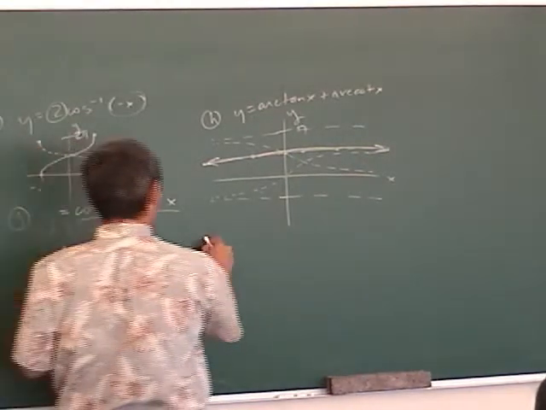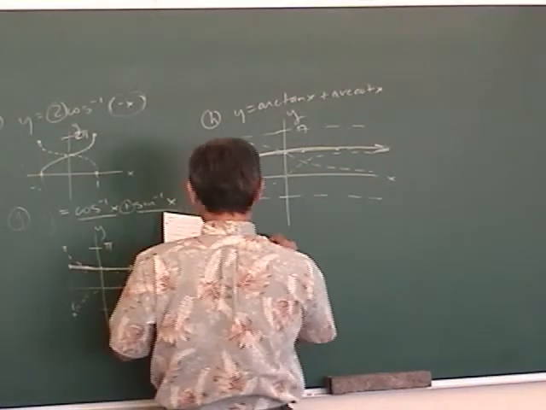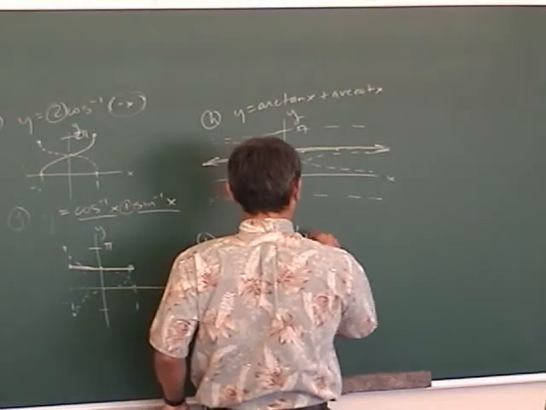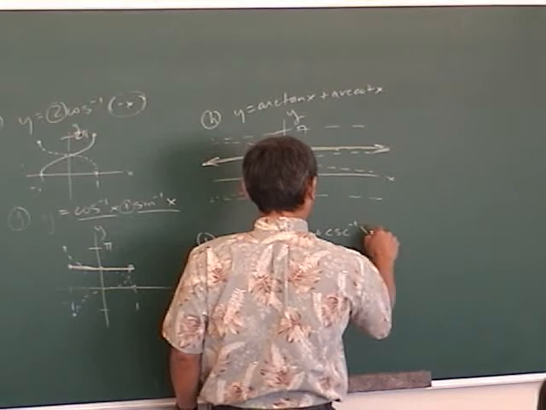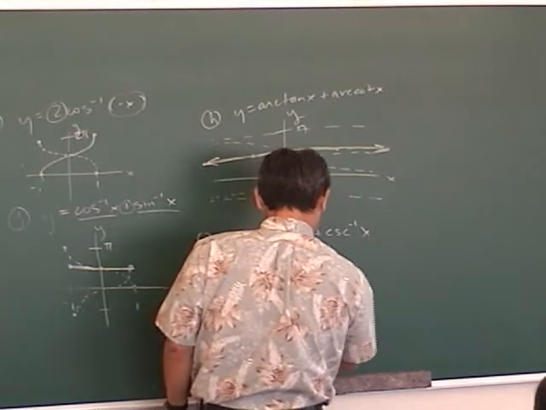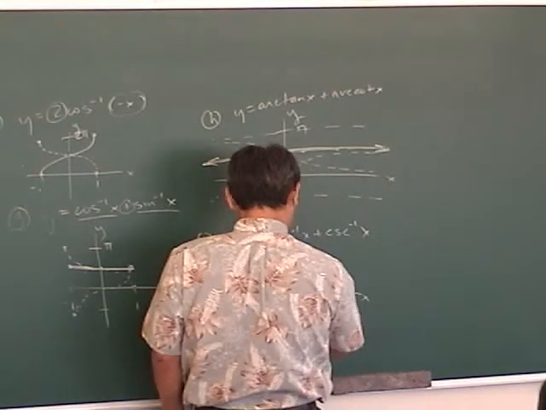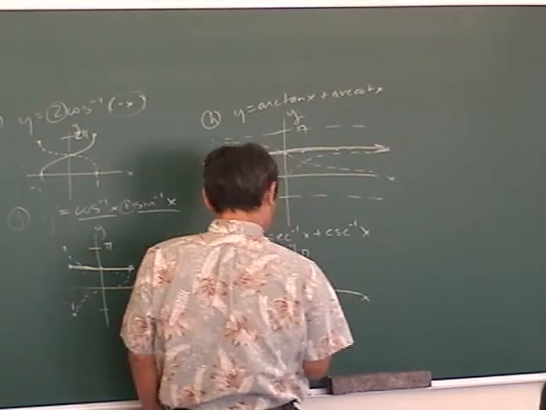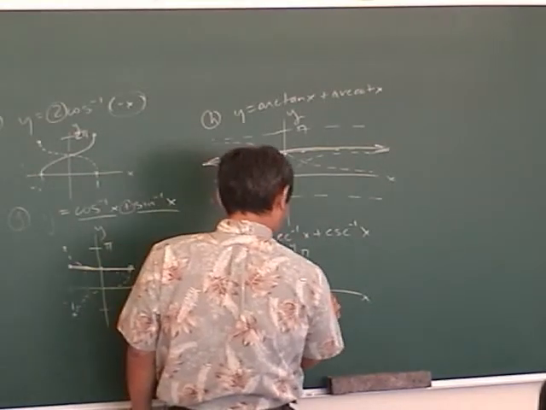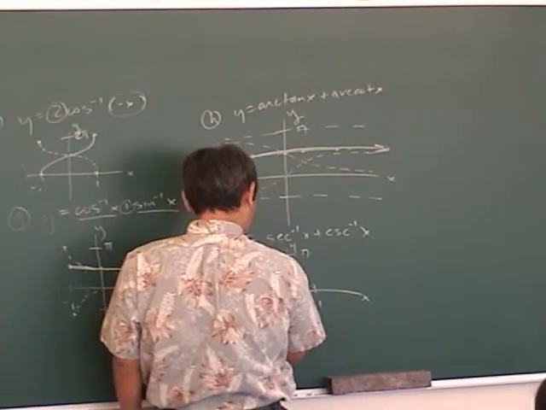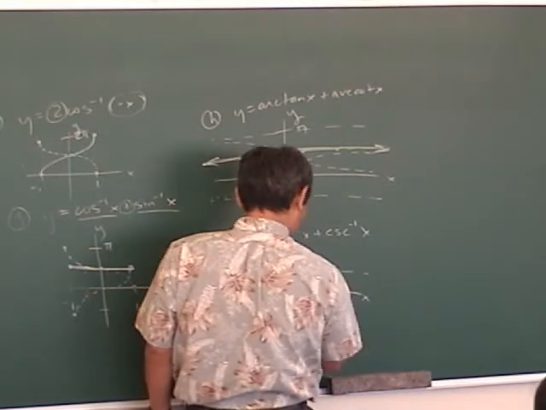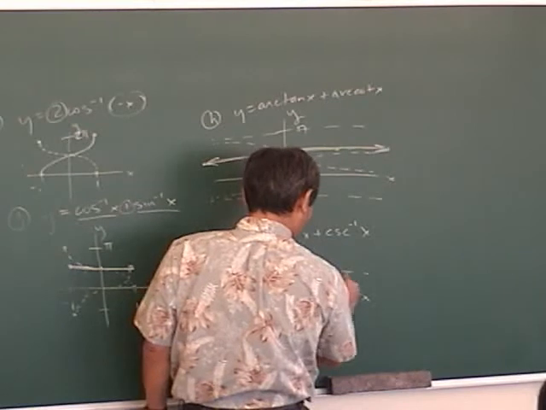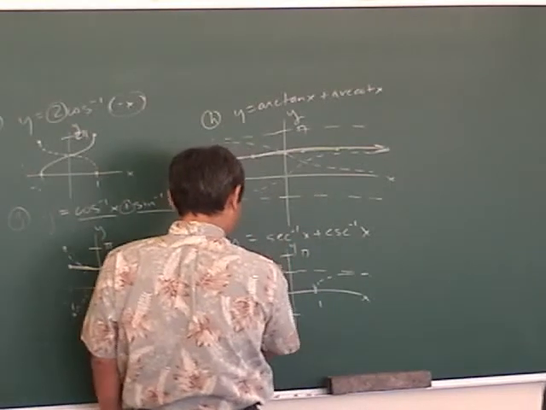And then I, same thing. y equals secant inverse x plus cosecant inverse x. Okay, so cosine inverse looks like this. So secant inverse, remember, it's going to hump right and hump left.